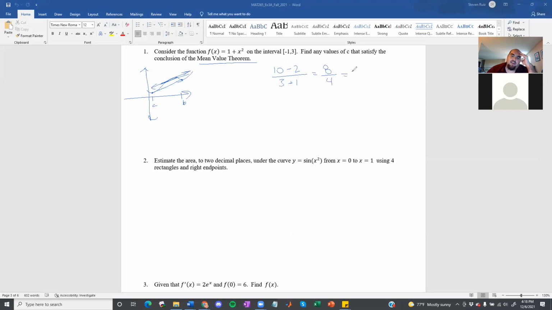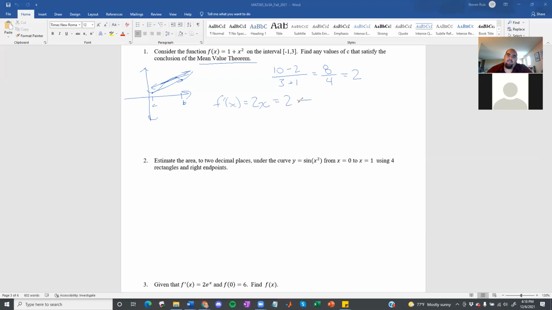Average rate of change of 2, right? Right. So how do we find where the instantaneous rate of change is equal to that? You would take the derivative and plug that in. So what's the derivative? 2x. And then you'd make f prime of x equal to 2.